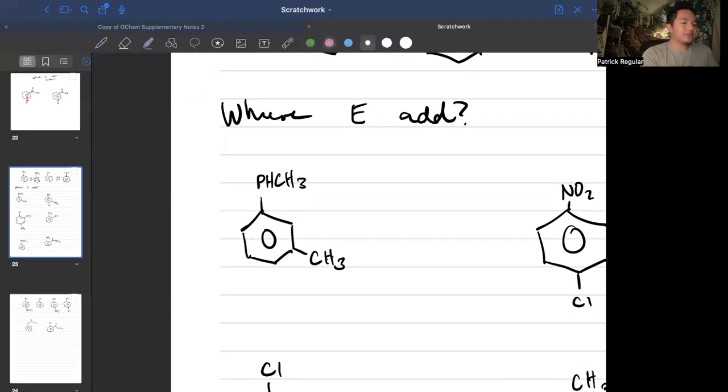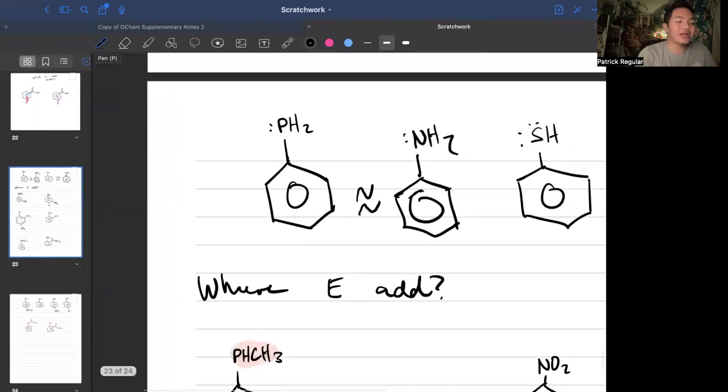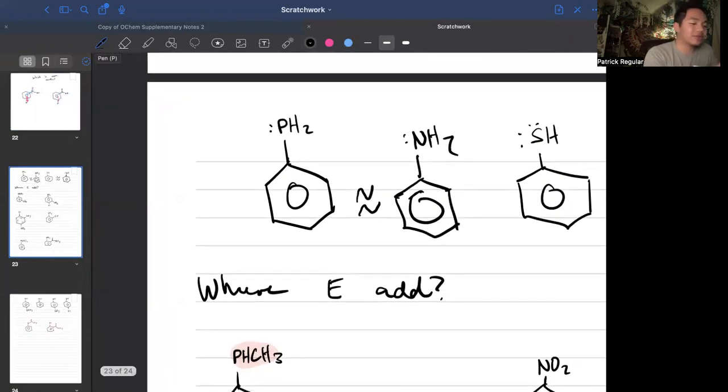Well, let's identify our groups. So we have a strong activator right here, and a weak activator. You might be thinking, how the heck is PHCH3 a strong activator? Well, like I said up here, treat phosphorus as if it was nitrogen.